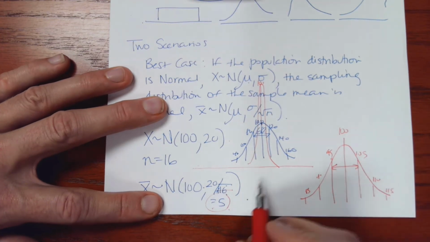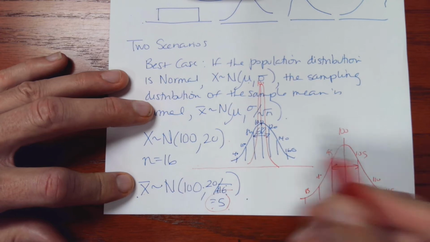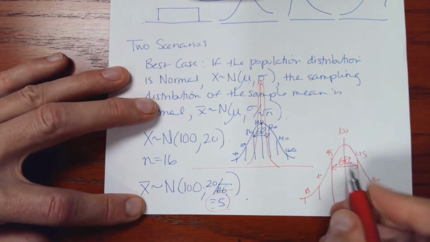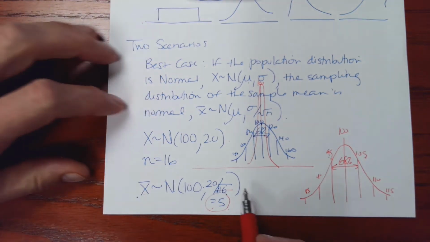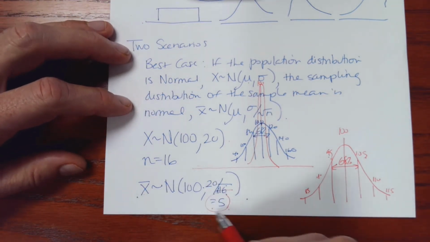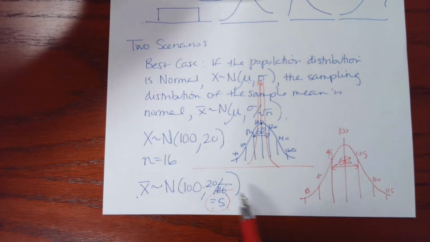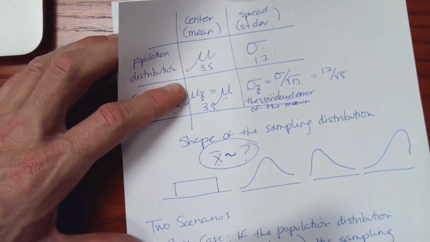So in the population, 68% of my values are between 80 and 120. In the sampling distribution, 68% of my values are between 95 and 105. So it's really important that we make this adjustment to the standard deviation if we're talking about the sampling distribution of the sample mean as opposed to the population distribution. So that was our best case scenario.